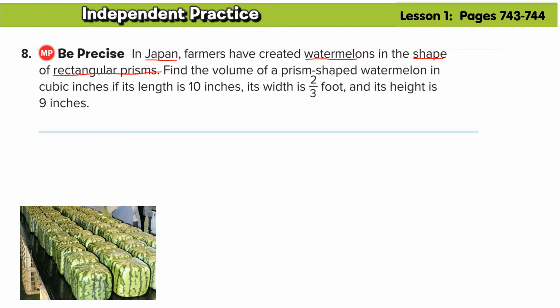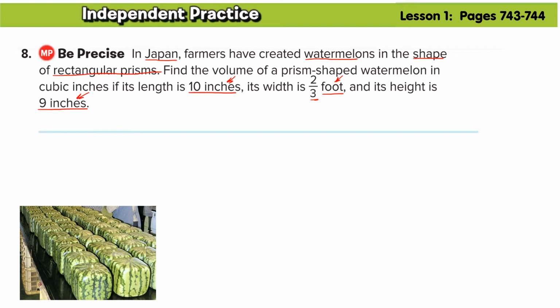Now, the watermelons that they're talking about in our problem are 10 inches by 2/3 of a foot by 9 inches. And if you look carefully, 2 of our dimensions are in inches and 1 is in a foot. Now, before we multiply these numbers together, they have to be all the same unit.